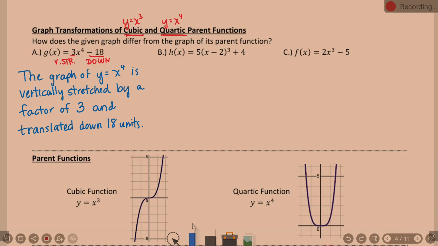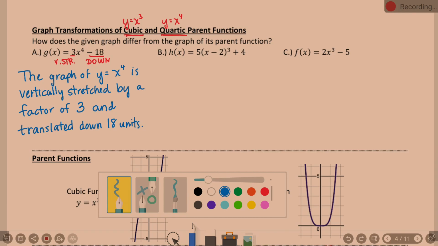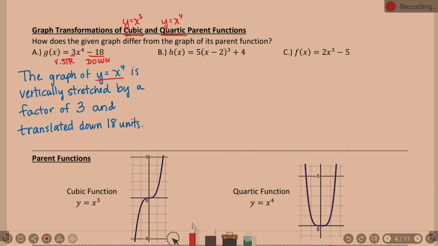Okay, so those are some of the pieces I'm looking for there. I do want you stating y equals x to the fourth, so tell me what graph we're talking about. The fact that it's vertically stretched by a factor of 3, and the fact that it's translated, shifted, moved, something about down 18.